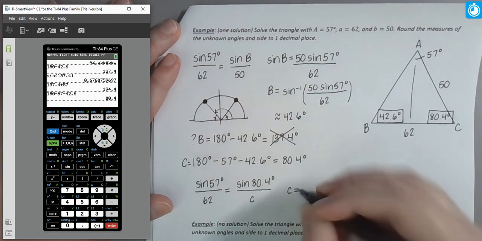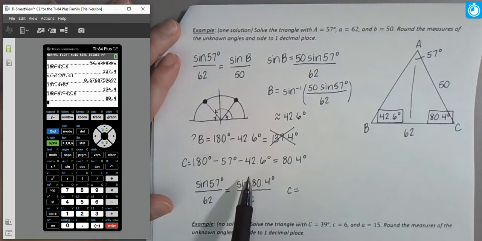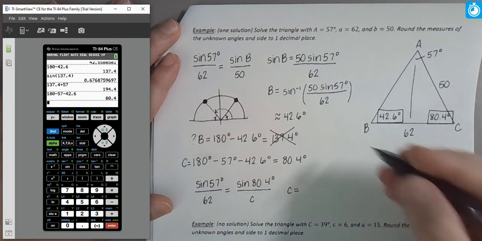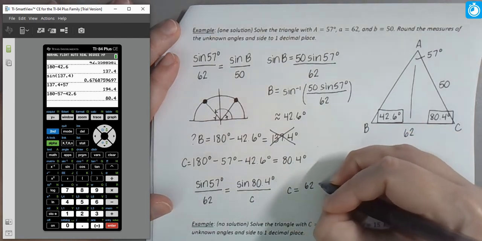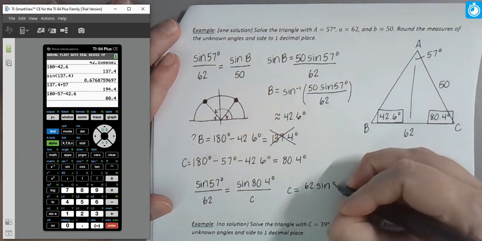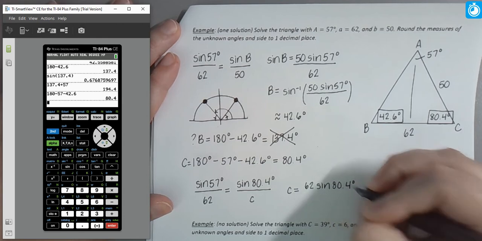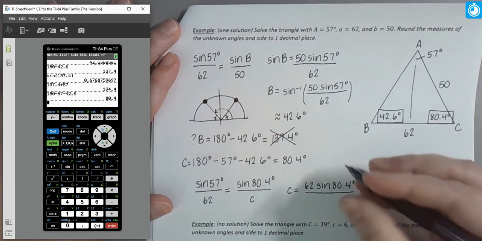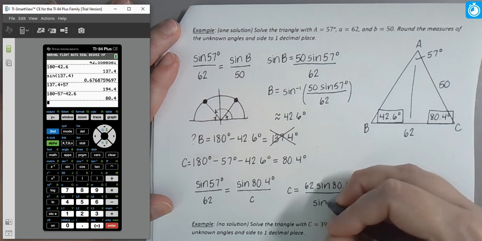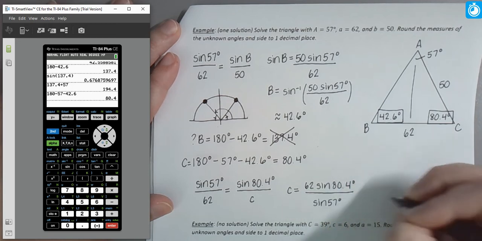So we isolate C, move the 62 over, divide by sine of 57. So 62 times the sine of 80.4 degrees divided by the sine of 57 degrees.